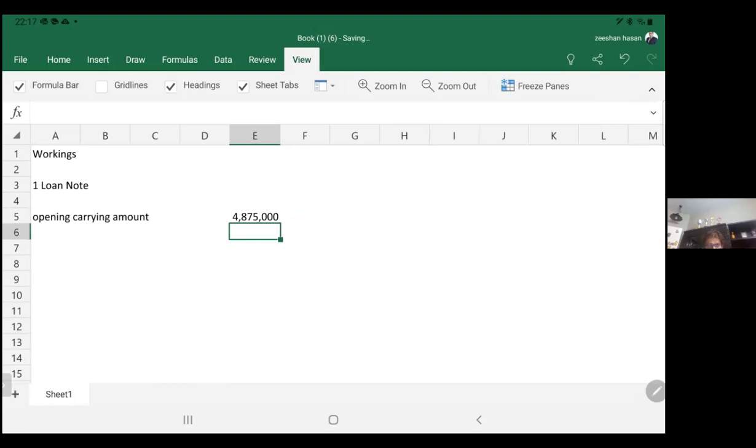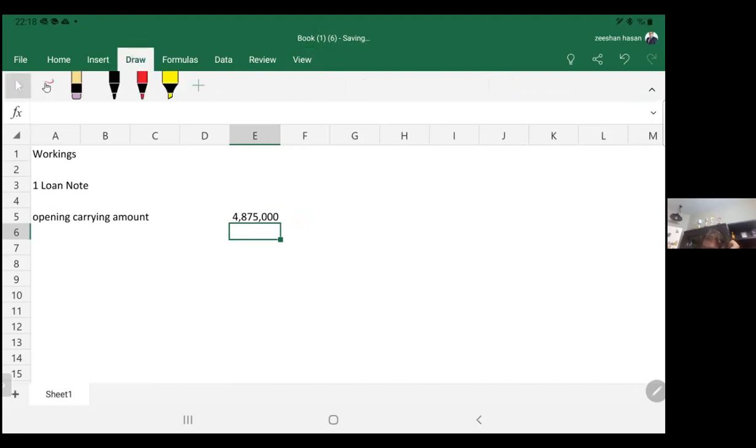Now, as we already looked at, the finance cost of the loan note: the effective interest rate was 8%. Let us note somewhere: effective interest rate 8%.